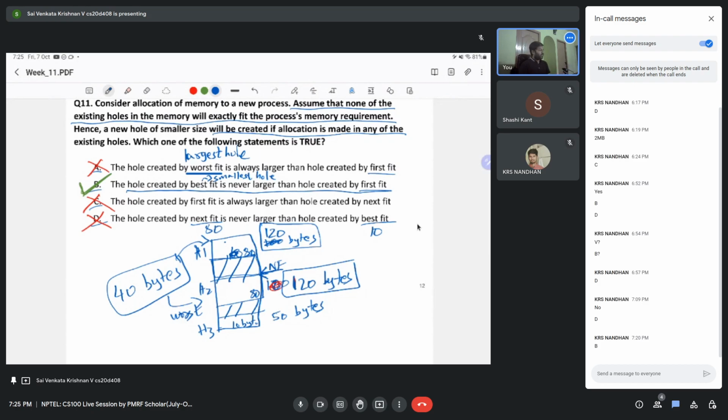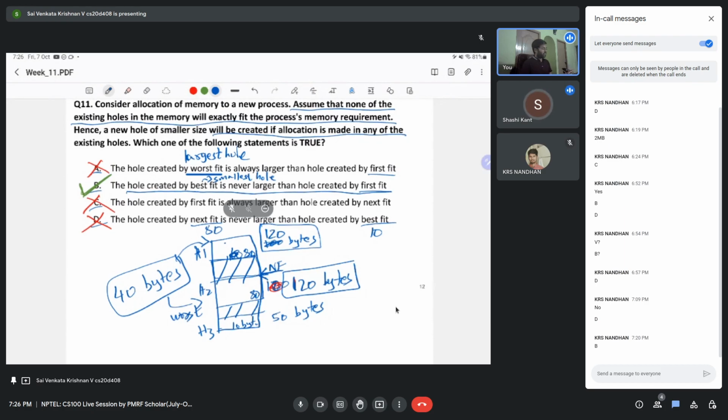Because the first hole which is going to be allocated can be the best fit, but anything smaller than what is selected by the best fit cannot be found, because the meaning of best fit itself is that it's finding the smallest hole, right? So that's what the algorithm is all about. So option B is the correct answer, as Nandan has mentioned.